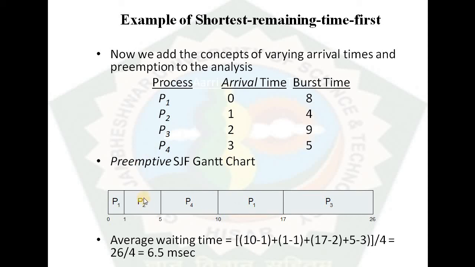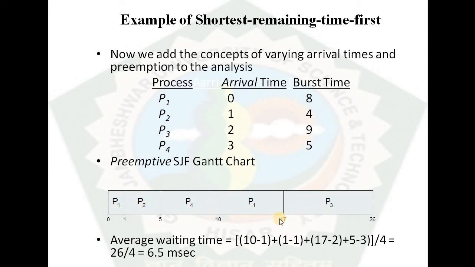Next, P2: the waiting time of P2 is 1, but the arrival time of P2 is also 1, so when P2 comes, the CPU is allocated directly to P2 because the CPU is preempted from P1. So P2 has to wait for nothing, so 1 minus arrival time 1 is the waiting time of P2. Next is P3.